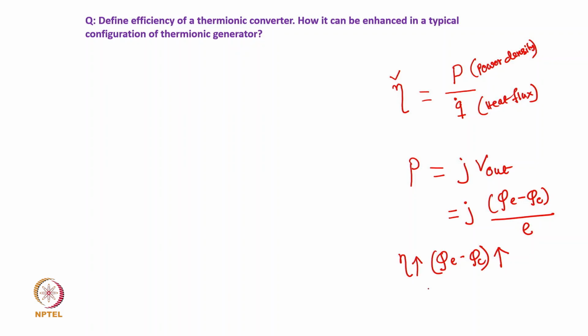And you also have to enhance the current density. If your work function difference is fixed, then you can increase the temperature in order to enhance the emission and the efficiency of the thermionic converter.